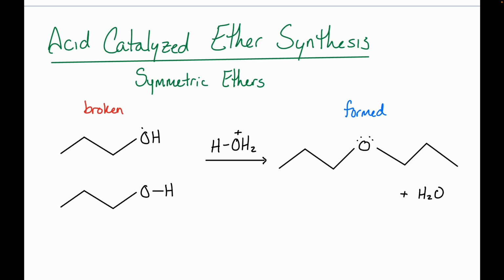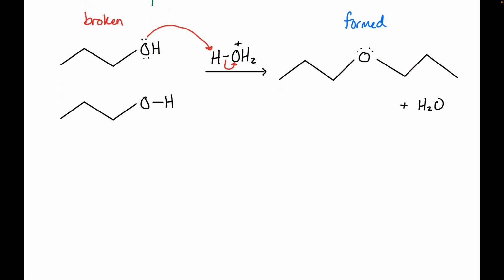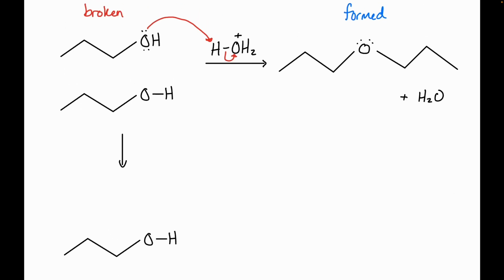The oxygen, absolutely. So step one is we're going to protonate that alcohol group, and similar to what we saw before, this will turn it into a good leaving group. So we have one of our alcohol groups protonated.